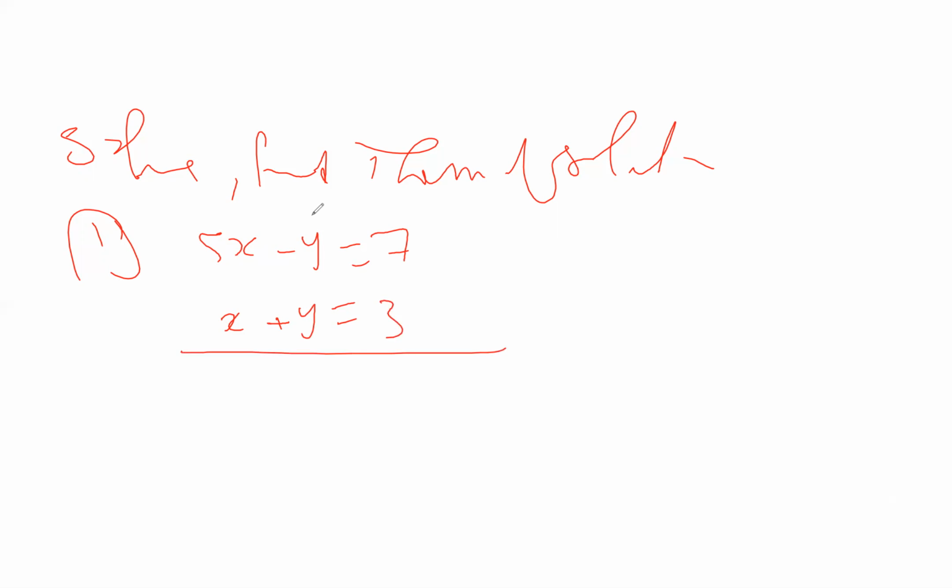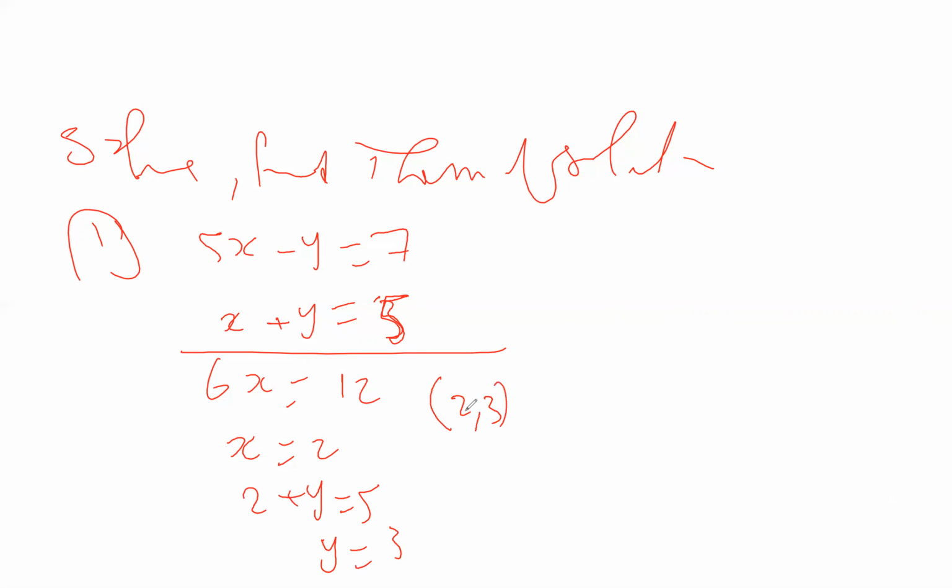When you add these two equations, because they have the same y coefficients with opposite signs, you will get 6x equals 12, then x equals 2. Substituting in one of them, 2 plus y equals 3, then y equals 1. Then the common solution is (2, 1). This ordered pair is the only ordered pair satisfying both of them.